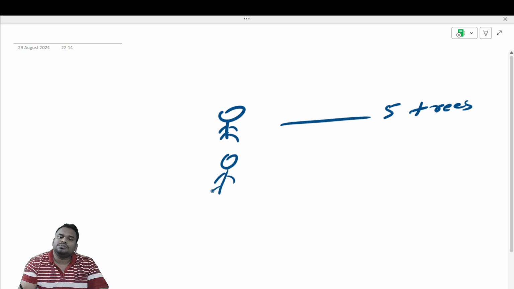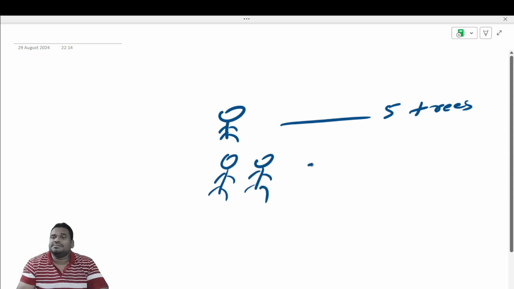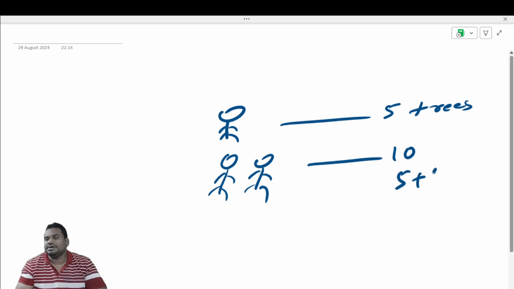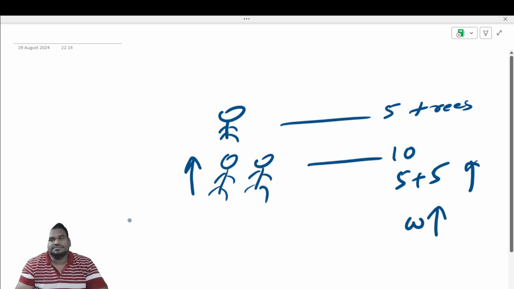So if there are two persons with the same efficiency, how many trees can they cut in the same amount of time? They will cut 10, which means 5 plus 5. So if the number of persons is increasing, the amount of work they can do will obviously increase.